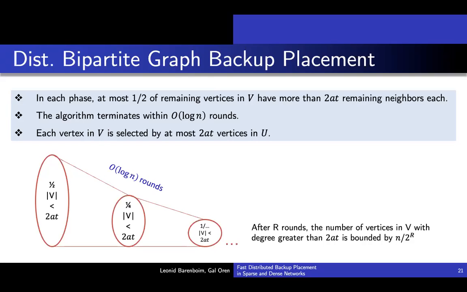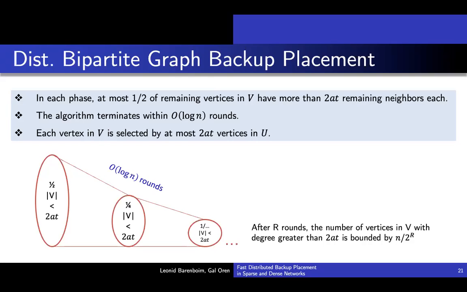Thus, in the first round of the algorithm, the size of the subset of vertices of V with degree greater than 2AT is at most half of the remaining vertices in that phase. Similarly, in the next round, the size of the subset is at most half of the previous subset size, and so forth.